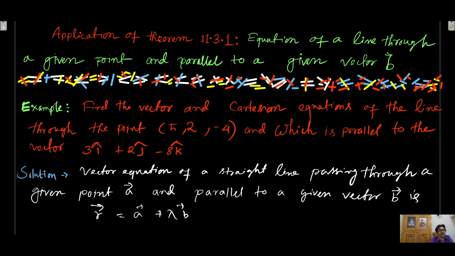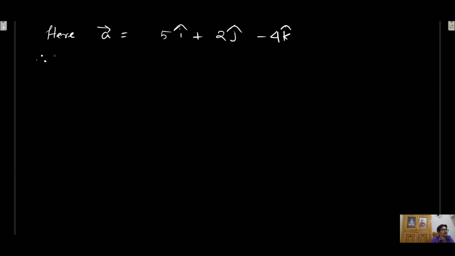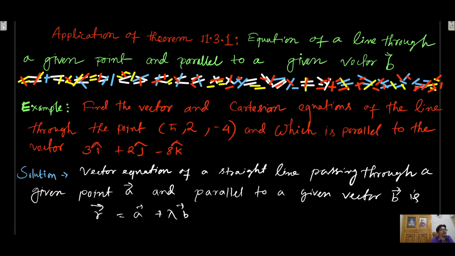And it is parallel to the vector 3i cap plus 2j cap minus 8k cap, so therefore b vector equals 3i cap plus 2j cap minus 8k cap.